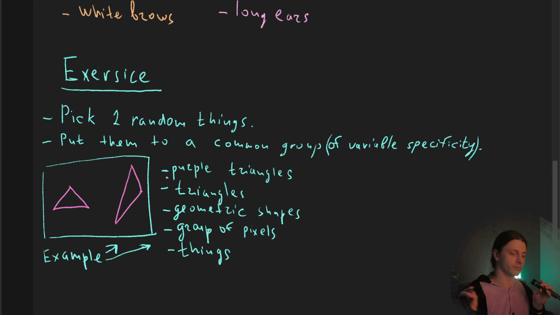Also, try to find out what differences they still have, even being in the same group. For example, for the first one, we decided to put those triangles to a group of purple triangles.